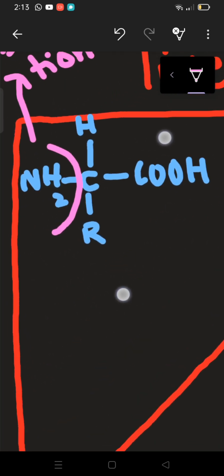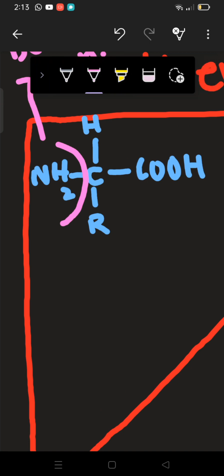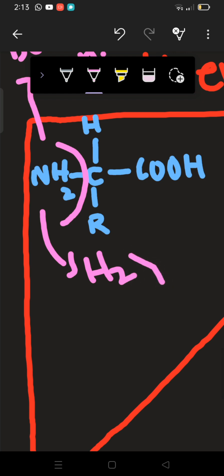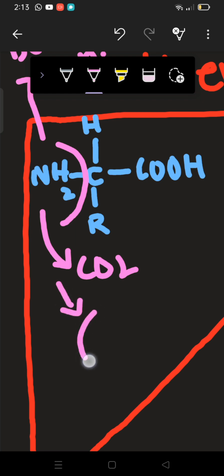Now this amino group, plus carbon dioxide here, will be combined together and they'll go to this cycle.